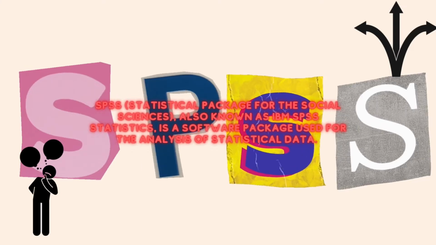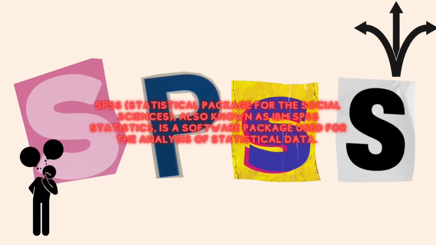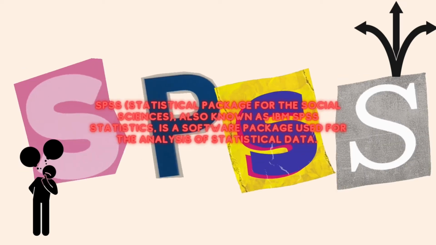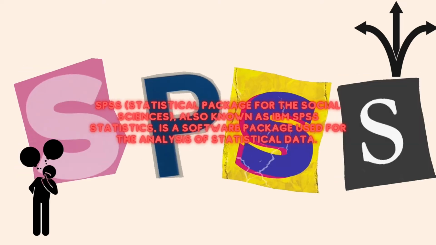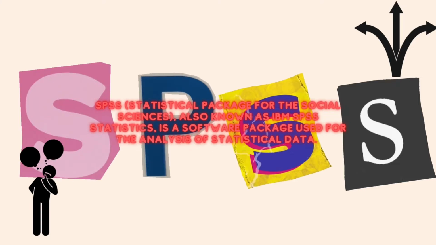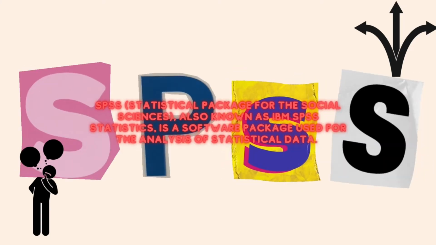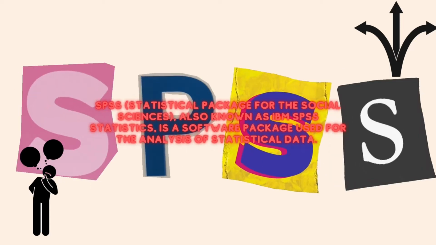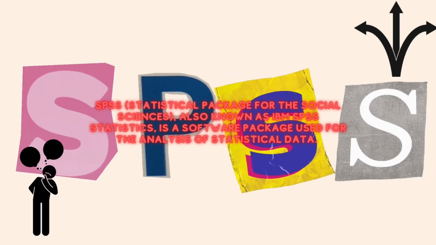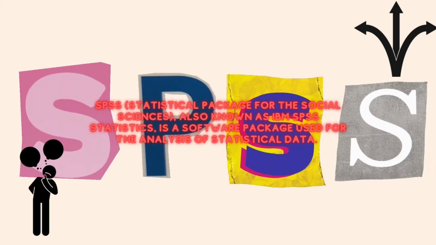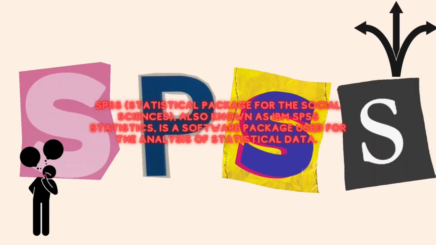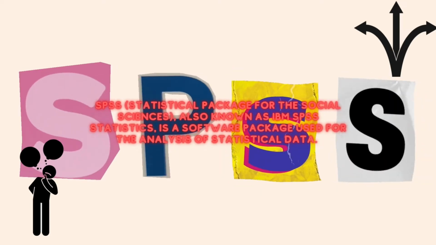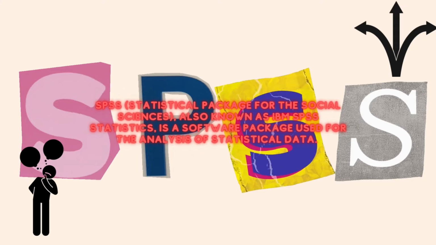SPSS, or Statistical Package for the Social Sciences, also known as IBM SPSS Statistics, is a software package used for the analysis of statistical data. Although the name of SPSS reflects its original use in the field of social sciences, its use has since expanded into other data markets.